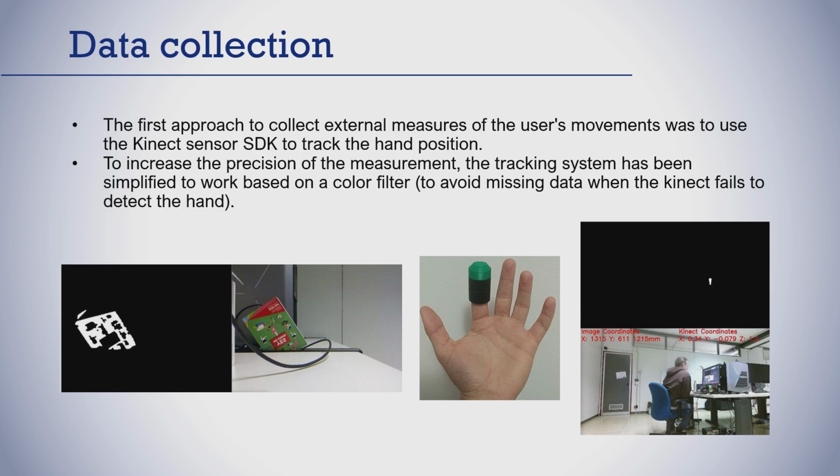The original experiment was with the whole hand. So to increase the precision of the measurement a little bit, we are going to restrict the task to a pointing task. And here you can see in this image there is a green marker on the desk. Basically, the green color is segmented from the scene, and the 3D position of the finger in this case would be extracted from the scene.